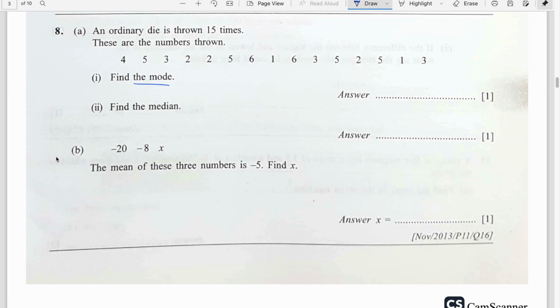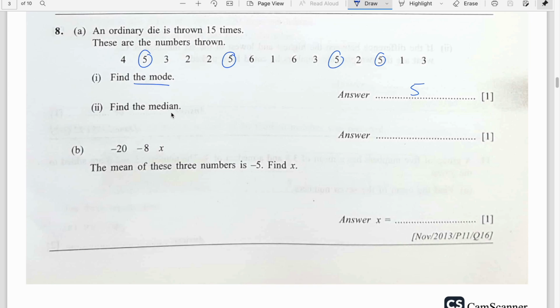Which number occurs the most? Okay, we see 5 occurs 4 times. Very good. I was thinking about 3, but yes, 5 appears more.